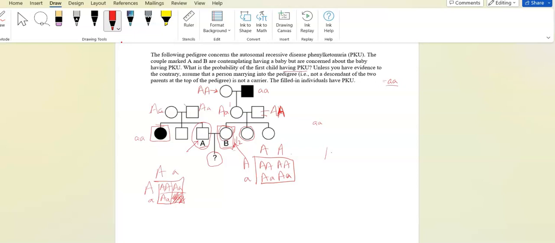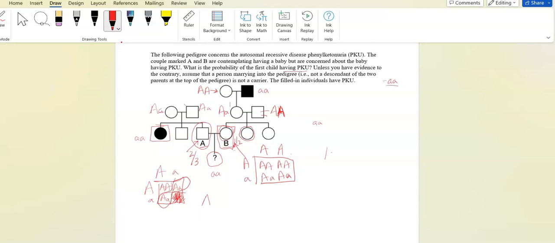So the probability they're a carrier is 2 out of 3, right? Not 2 out of 4, because we have to eliminate the little a, little a possibility, since this isn't filled in. So this probability is 1/2, and this is 2/3. The only way this child gets little a is if these are both carriers.